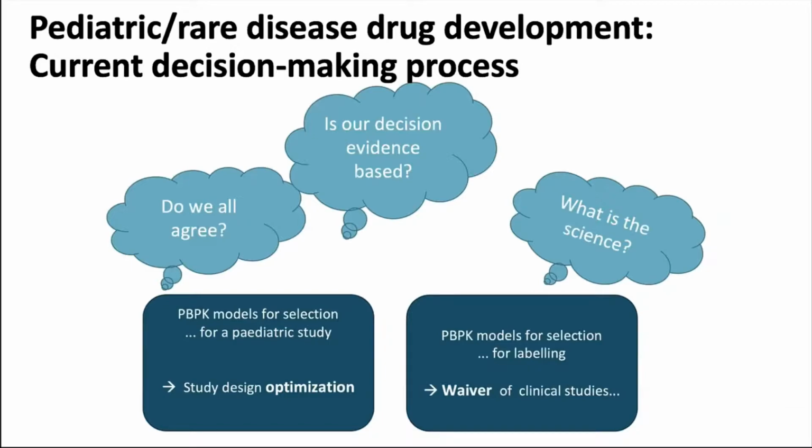But the regulatory impact is not the only aspect that gets taken into consideration when it comes to the final decision-making on whether or not a model-based approach is acceptable in the context of drug development.